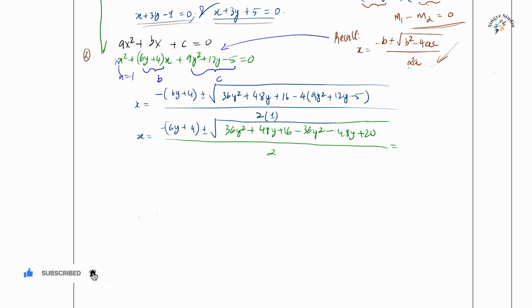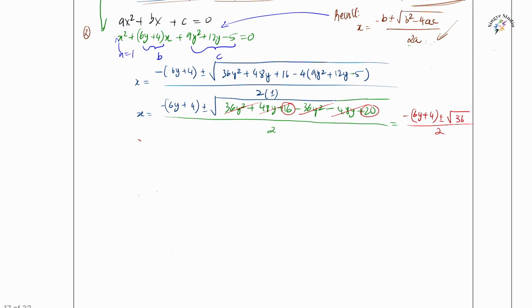And it will now be left with negative (6y plus 4) plus or minus, see here, this 36y squared will get cancelled, 48y will cancel, so now we have 16 plus 20, which is root of 36, all divided by 2.